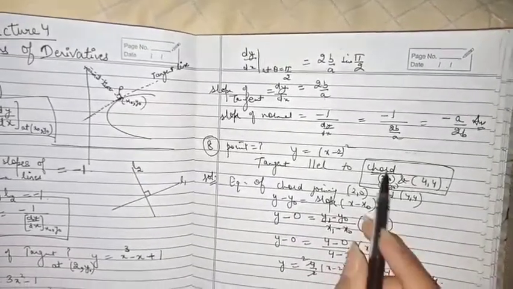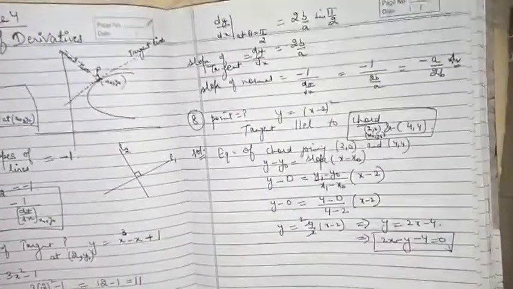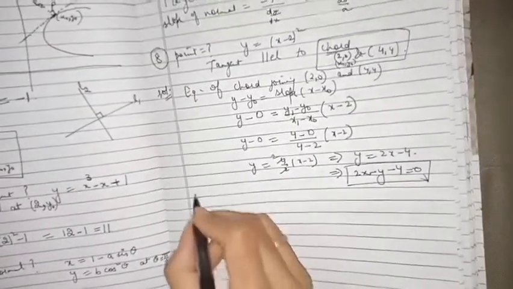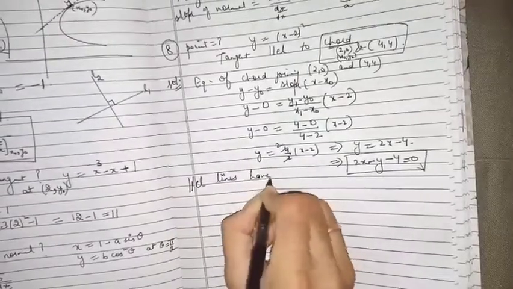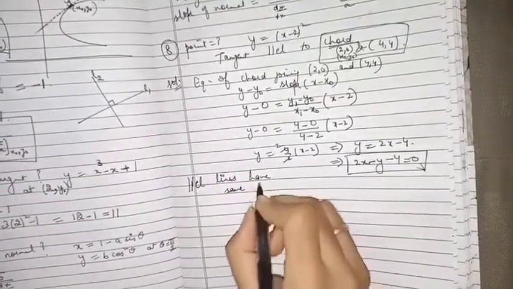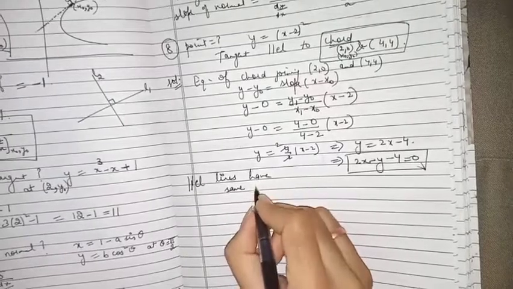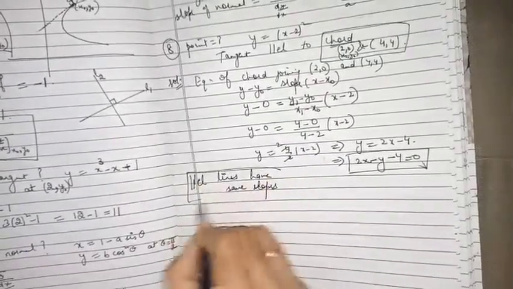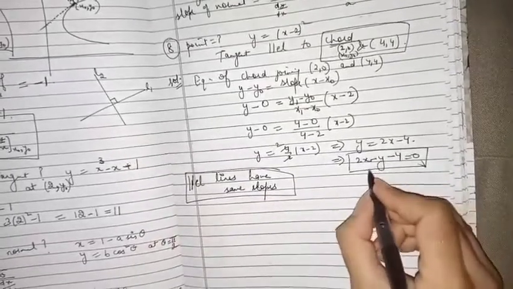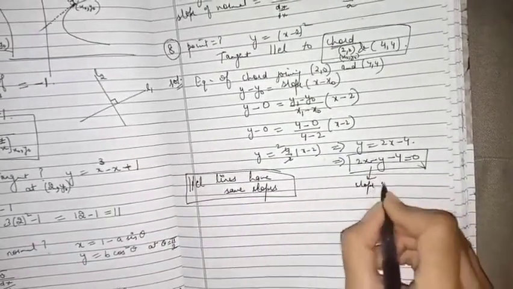Now from this equation of chord, I will use the result that parallel lines have the same slope. This is the result that you must have read in your previous classes, that parallel lines have the same slopes. Now the slope of this line.